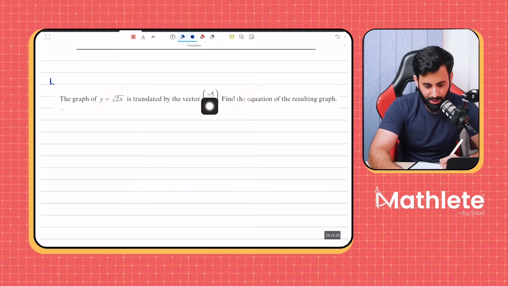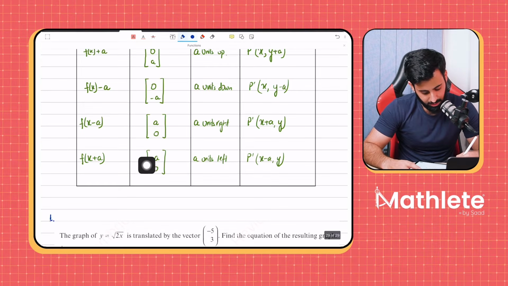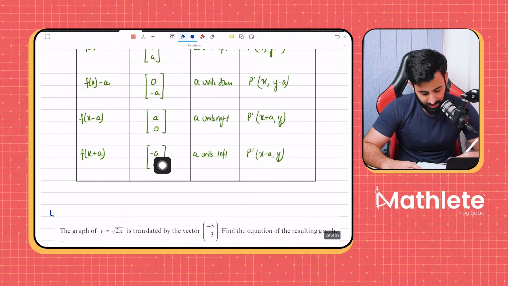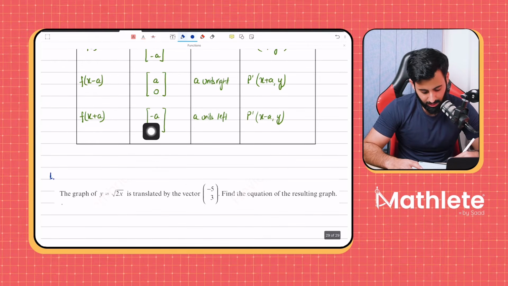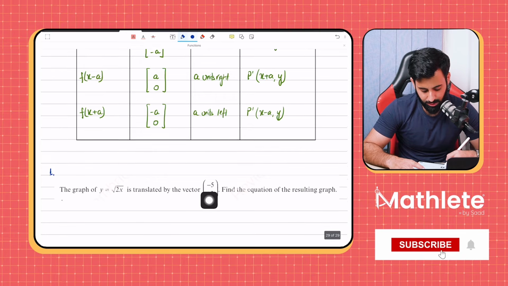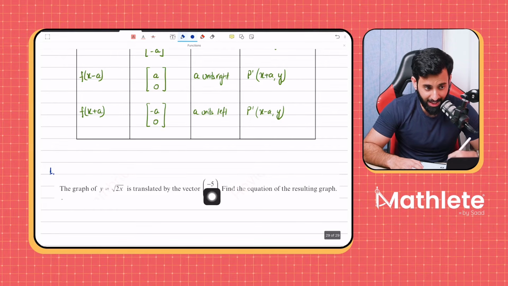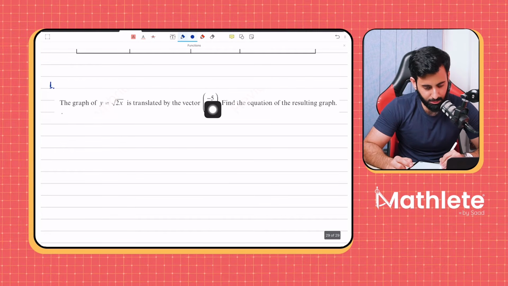So, if it's minus 5, what happens to x? Whatever is being subtracted, like whatever is your value of x, what are we going to do? We're going to add it, okay? So what graphically, what do you think is happening? Is it moving towards the left or is it moving towards the right?